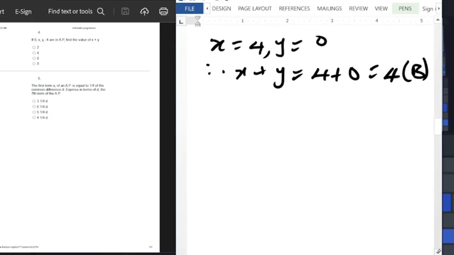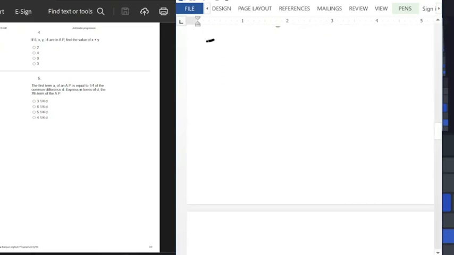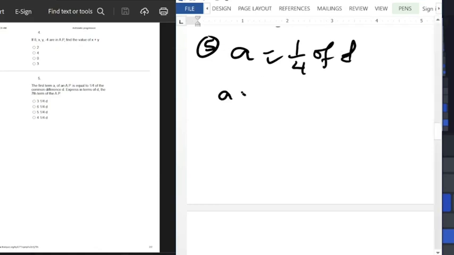Then number 5. Question 5 says the first term A of an AP is equal to 1 over 4 of the common difference. So A equals 1 over 4 of d, multiplied by d, which is d over 4.